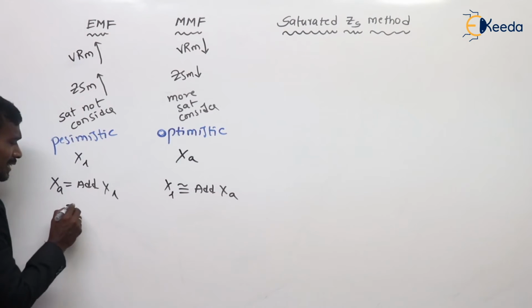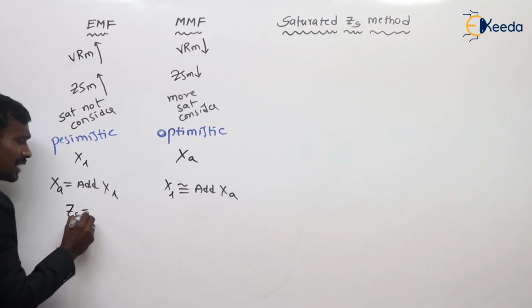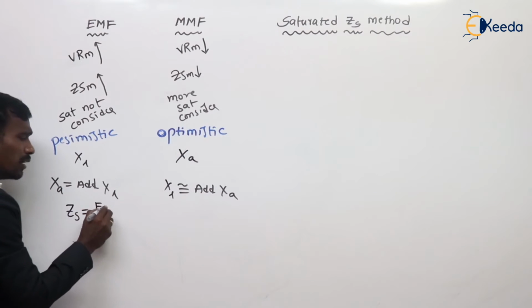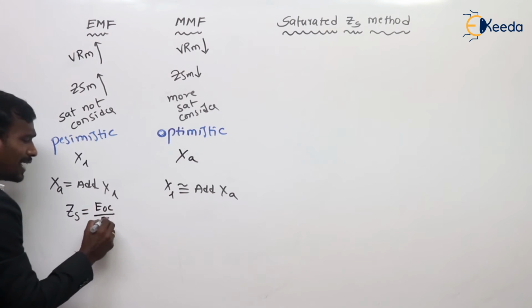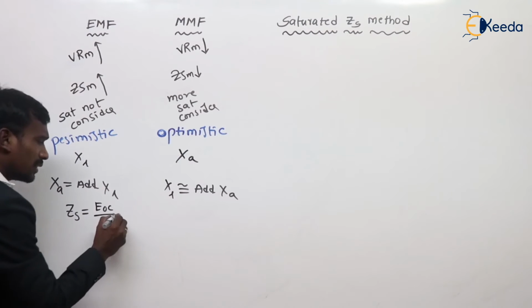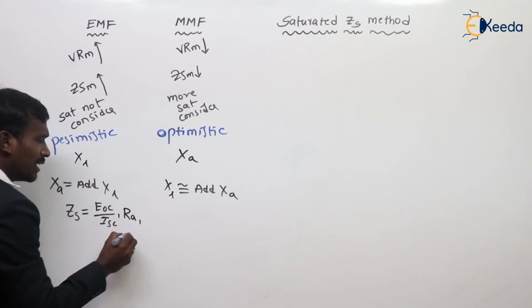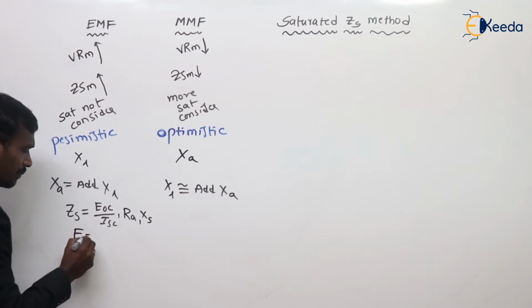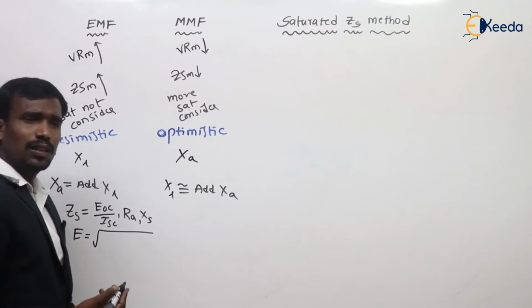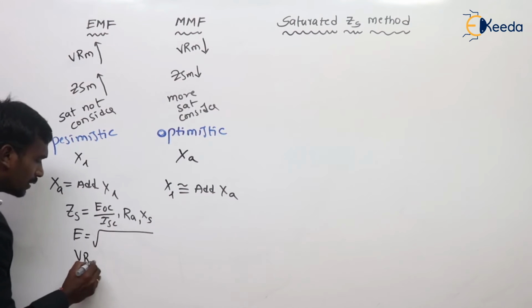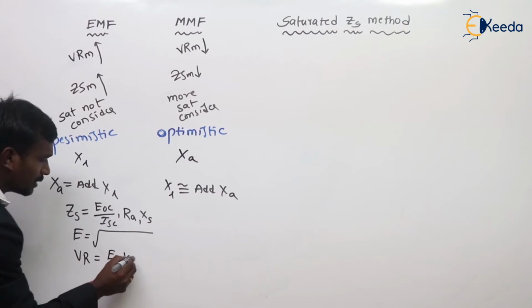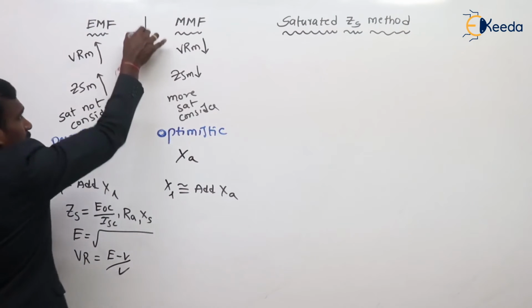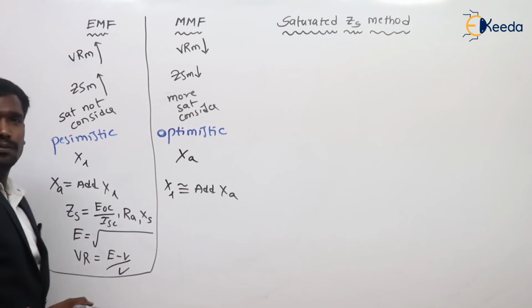Here we calculate ZS equals EOC upon ISC, then calculate RA, then calculate XS, then calculate EMF, then calculate voltage regulation, E minus V upon V. This is simply the EMF method.